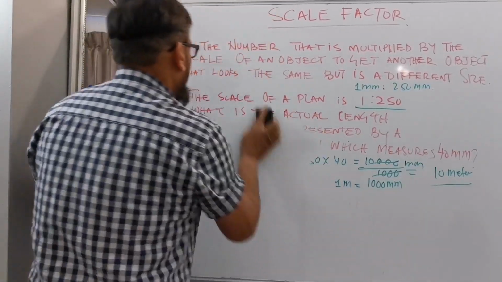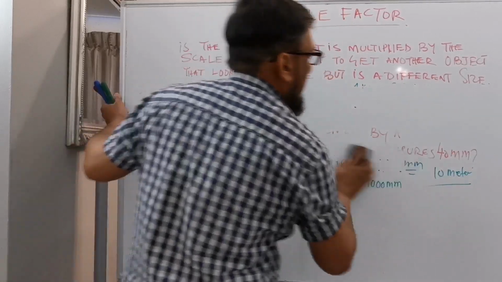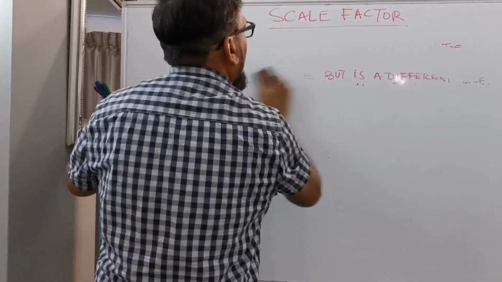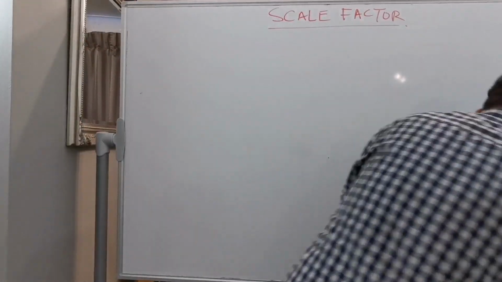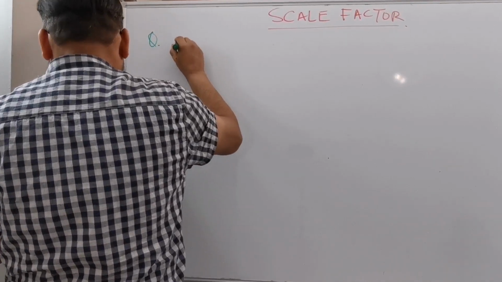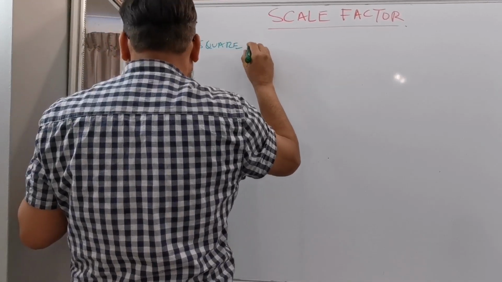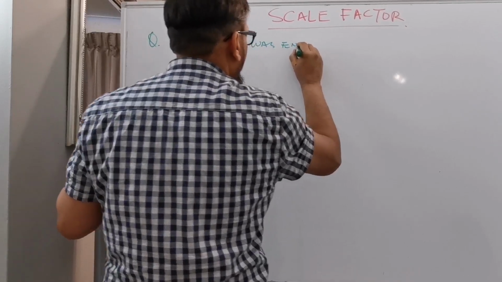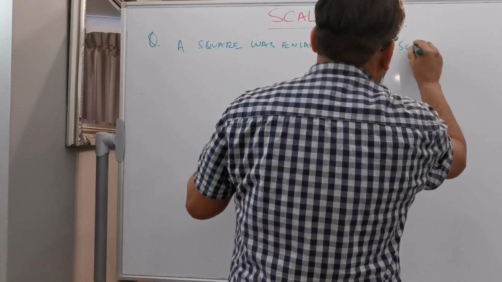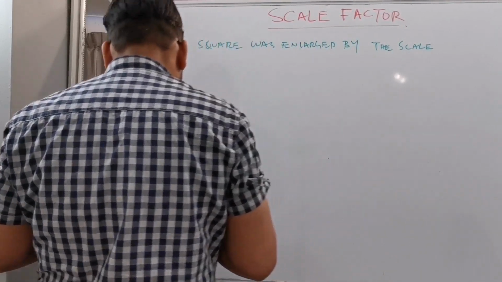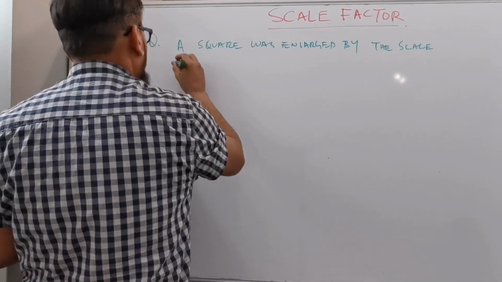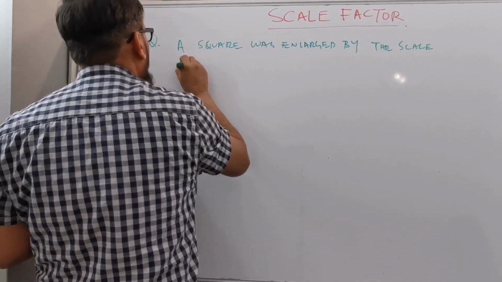Now I'm going to take another complex example. It says: a square was enlarged by the scale 2.